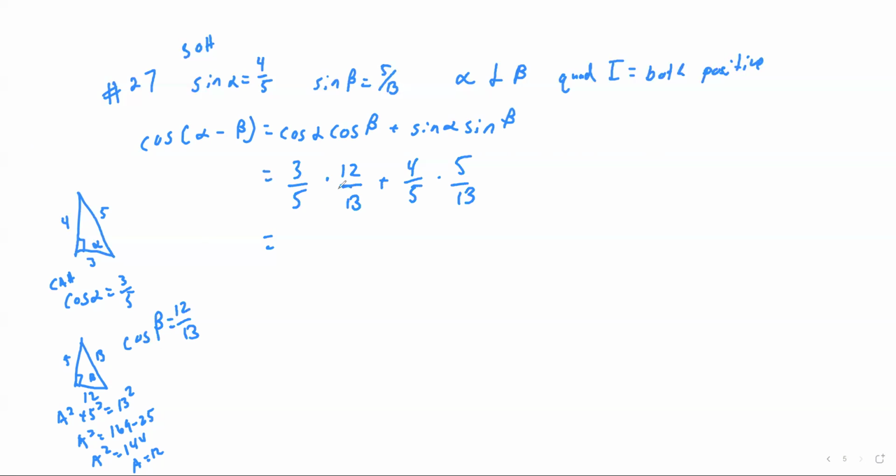We just have to be able to find the missing sides from what's given to us. So this is going to be 3 times 12, which is 36, over 5 times 13, which is 65, plus 20 over 65. So that will give us 56 over 65. Whoa, man.